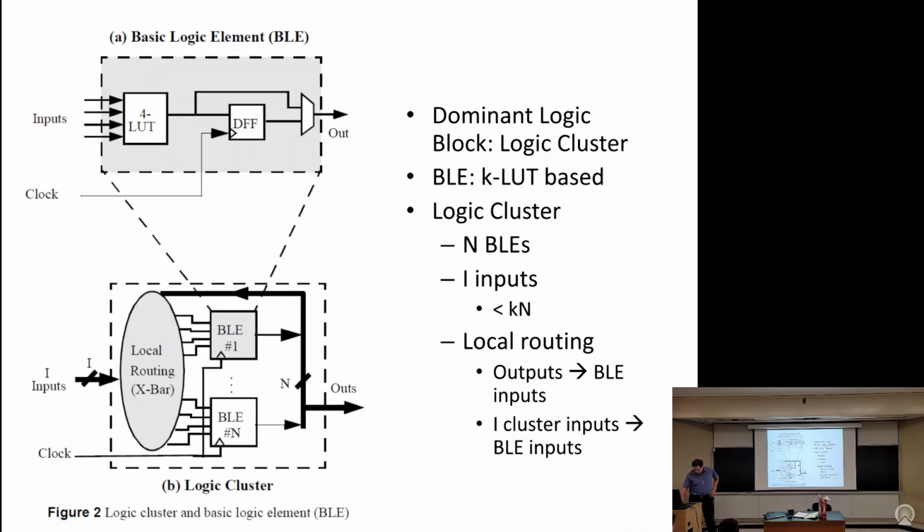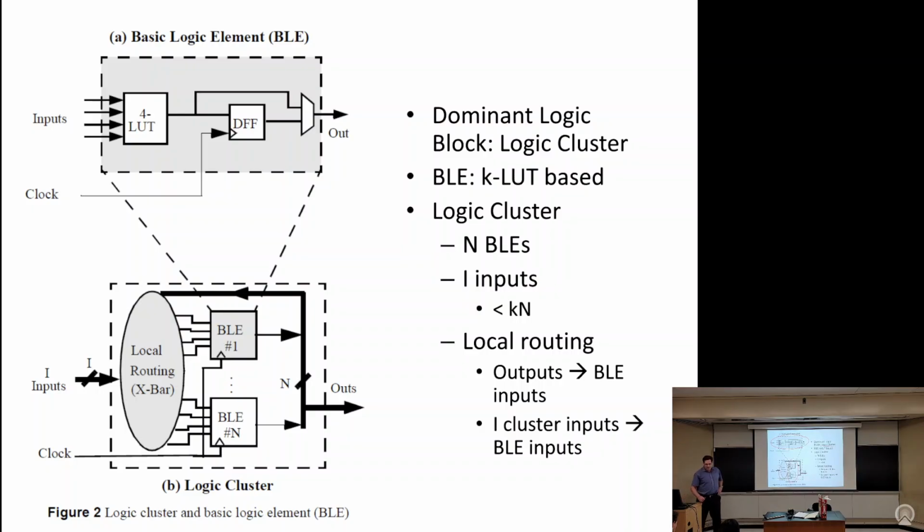Okay, so early island-style FPGAs just took a LUT and a flip-flop like that, and basically surrounded it with island-style routing. But nowadays, it's much more common to do a hybrid architecture where we have a little bit of hierarchy to make a more complicated logic block, and then we take those logic blocks and surround them with island-style routing. So we take this small basic logic element and put N of them together with some local routing.